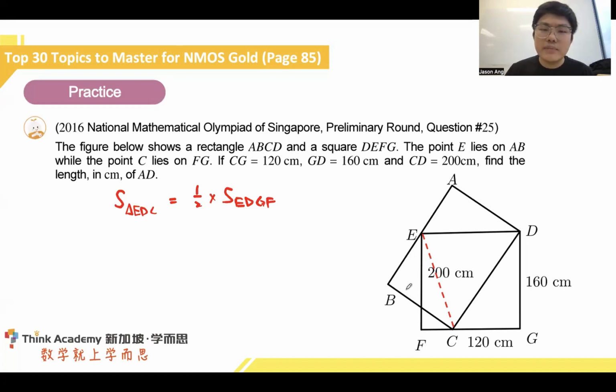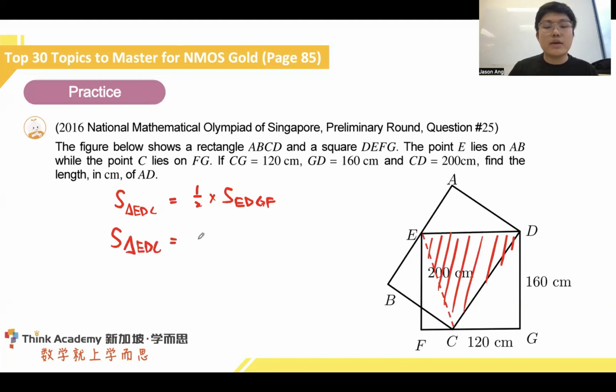But coincidentally, it applies somewhere else as well. Where else? If we look at the shaded figure now, we observe your triangle EDC being also half of, it doesn't always have to be a square, it can be half of your rectangle as well. So it can be half of ABCD.